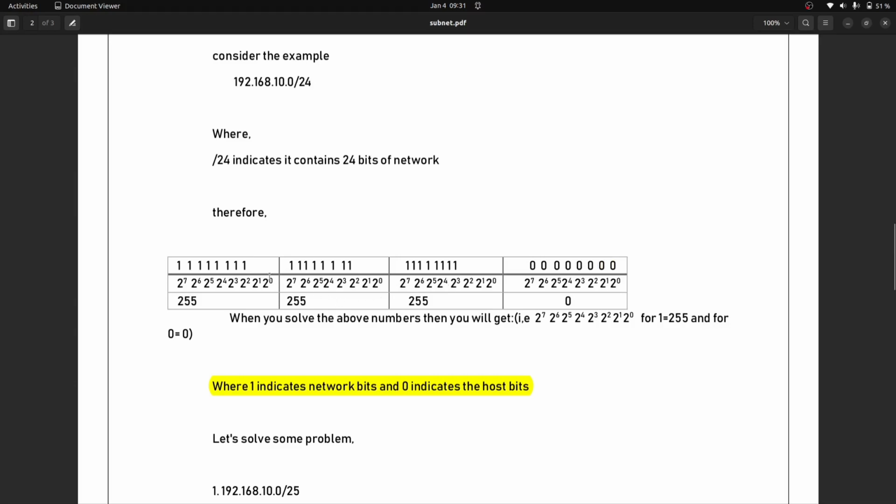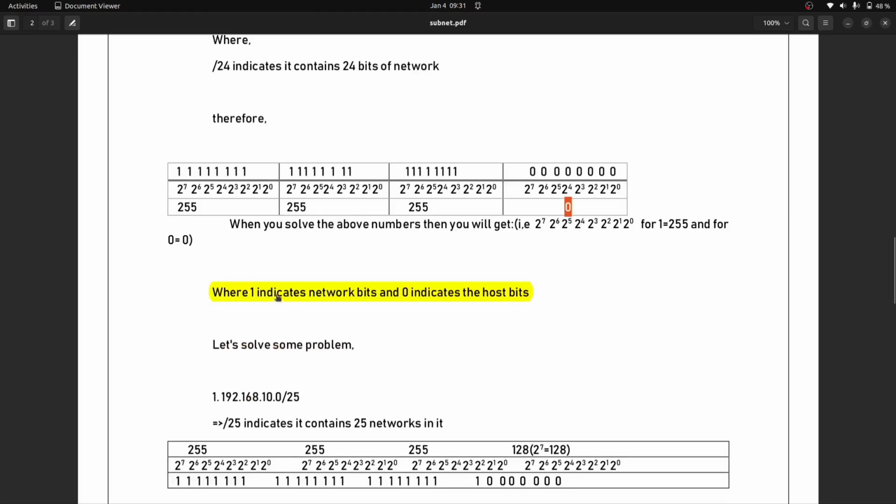After that, you need to calculate each network and host block by writing 2 to the power of 0 to 2 to the power of 7 from left to right. When you calculate the network blocks, the answer you will get is 255, and when you calculate the host bits, the answer you will get is 0.